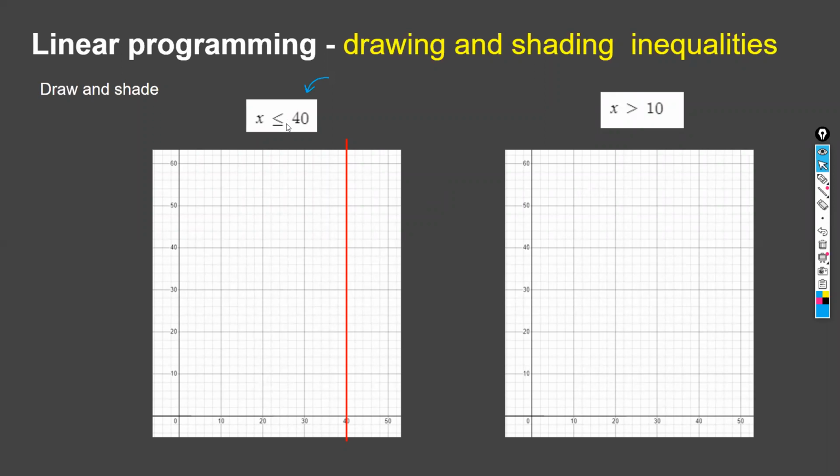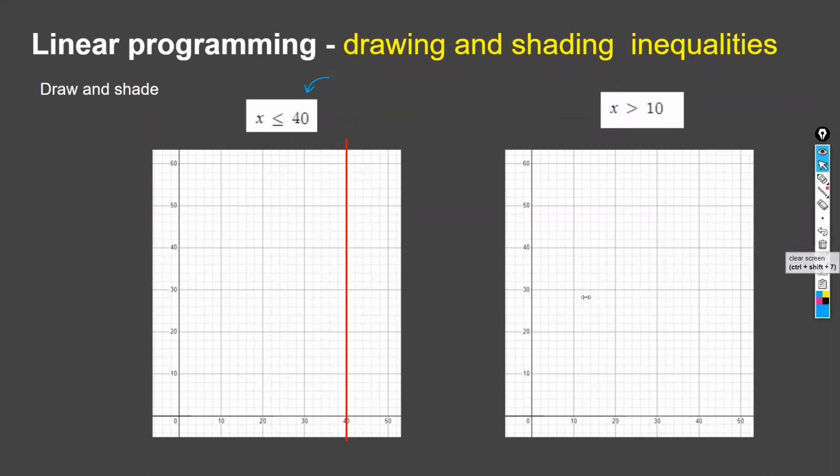But we still have to shade the correct side of the line. We have to either shade the left-hand side or the right-hand side. Last week I gave you a note on it. Look back in the notes: anytime it's a vertical line and it's a less than, do we shade the left-hand side or the right-hand side, which is the wanted region?